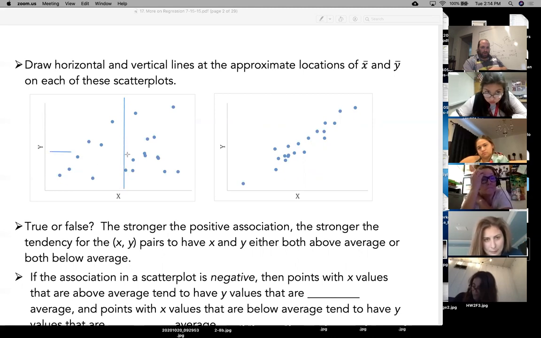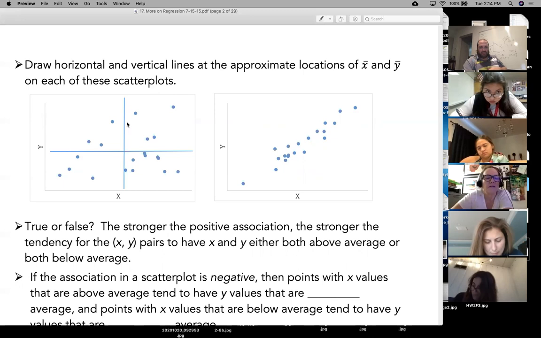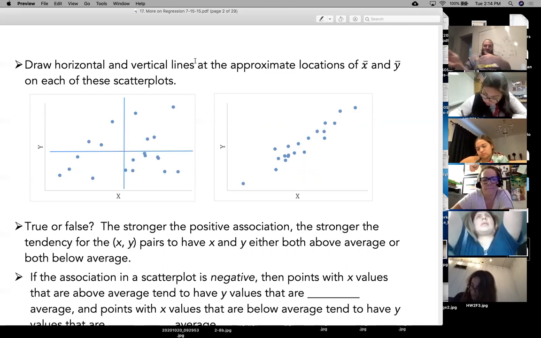And maybe a little below average for Y. Does that seem like a reasonable average X, average Y? Yes. Maybe this one should be moved a little. Are you looking because it's in the middle or just trying to divide them all up evenly? Well, I don't know, yeah, trying to have the center of the axes be like an average in the X direction and an average in the Y direction.